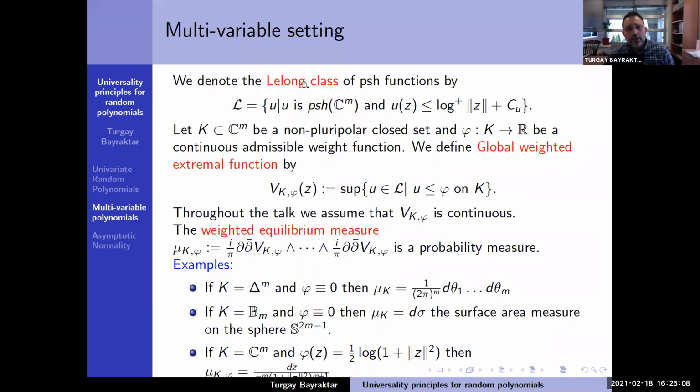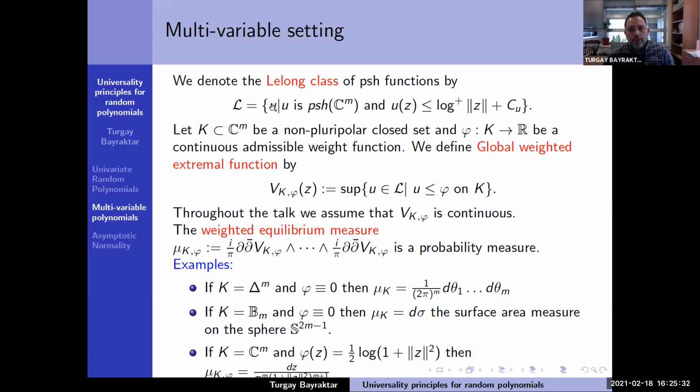Here, we define the Lelong class, which consists of plurisubharmonic functions that grow at most like the logarithm at infinity. For instance, if you have a polynomial p, log |p(z)| divided by the degree is a Lelong class function.